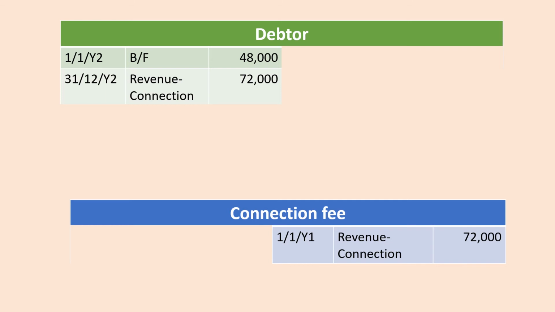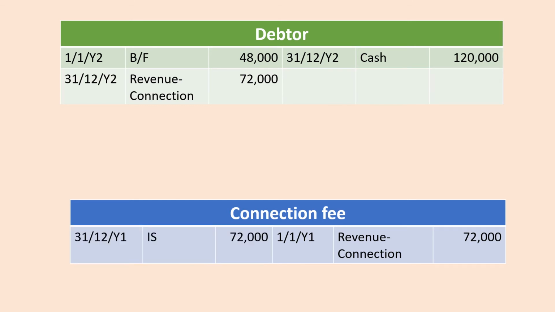During the period, the customer is going to pay 10,000 per month for 12 months, so we record the cash received by debiting the cash account and crediting the debtor's account. During the year, the revenue from the connection fee should be transferred to the income statement. And you can see here, the debtor's account is settled after settling the cash of 120,000.